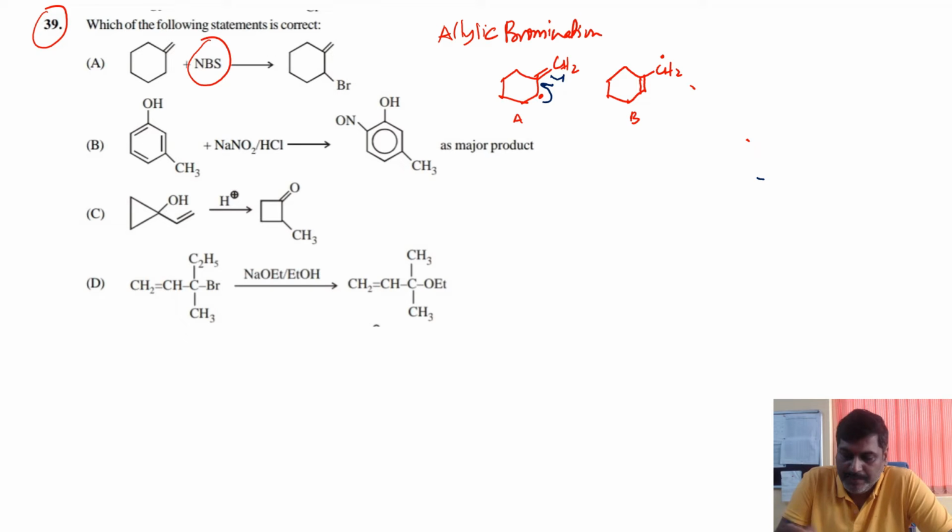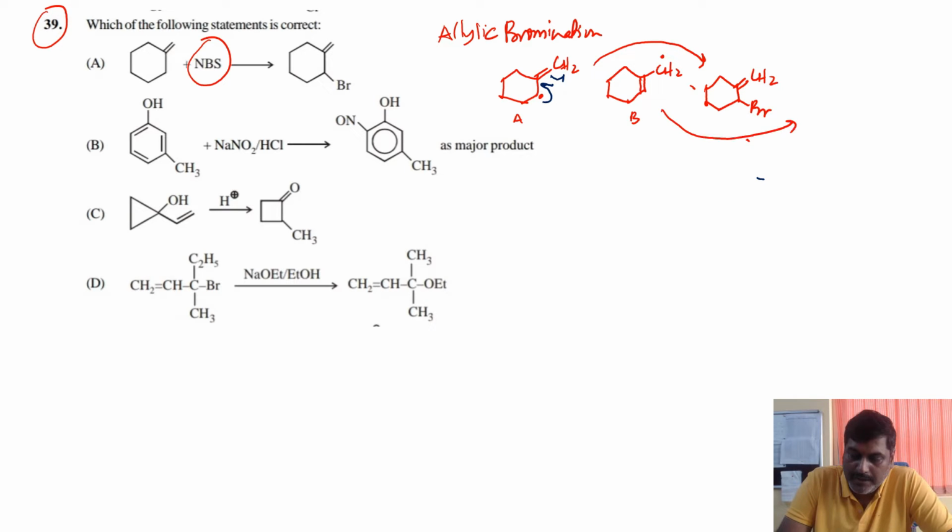But when we write the corresponding product, let's write it here. The corresponding product is this one, double bond, CH2 and there the Br, and its corresponding product is the double bond and CH2Br.